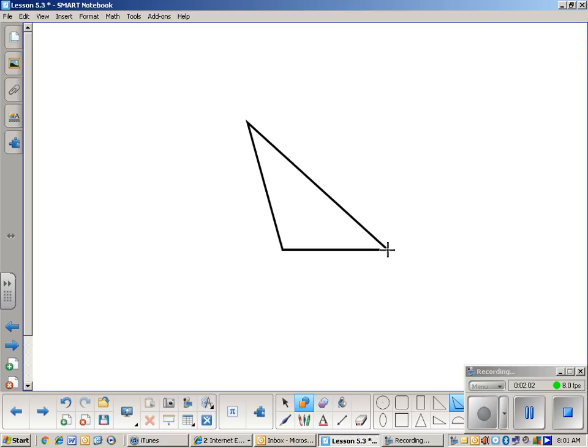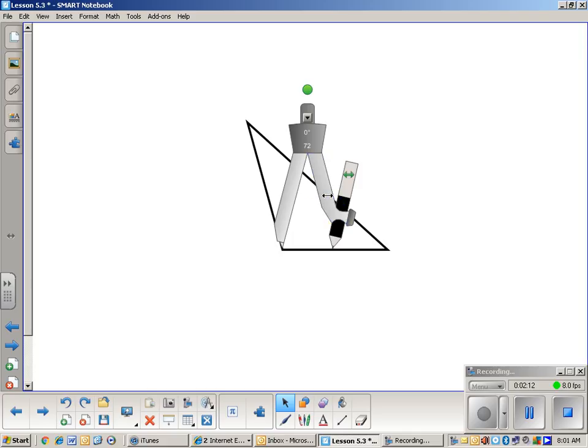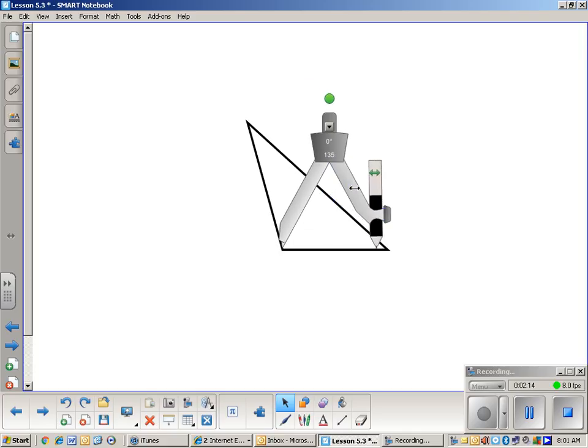I'm going to construct for you a perpendicular bisector. Remember when we do this, you have to pick a distance.